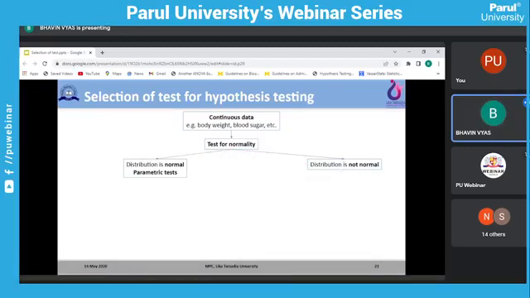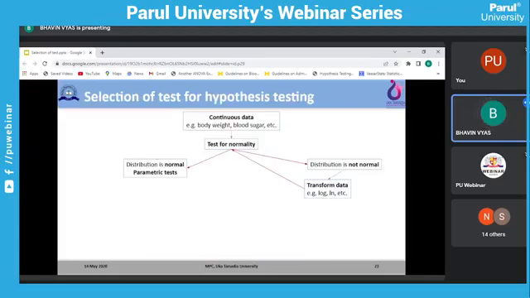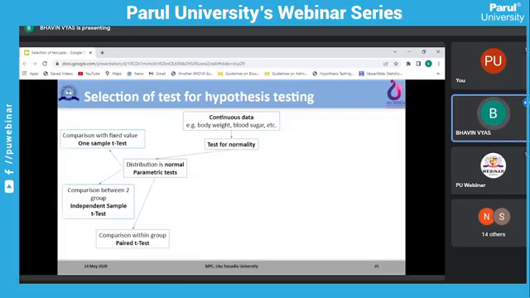So first, what type of data? Continuous data. Then if after transforming it is still not normally distributed, you can go for a non-parametric test. If it is normally distributed, you can go for a parametric test.